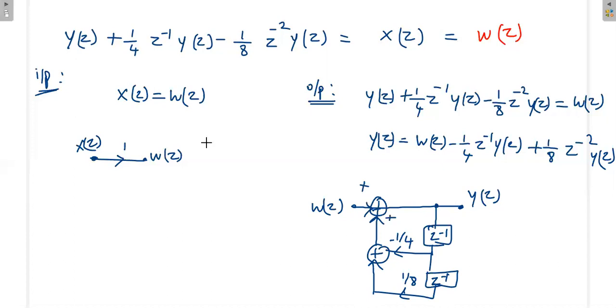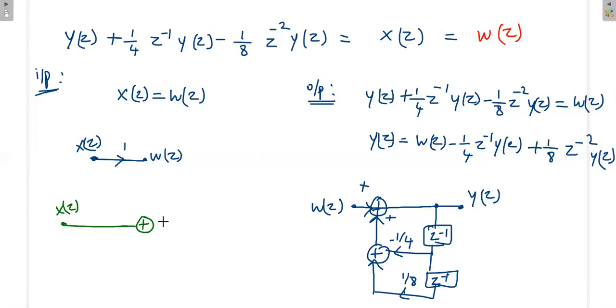So now we have to combine the input side diagram and the output side diagram. So finally we'll be getting like this: X of z. Again, if you observe here, W of z is a temporary variable that we have used for the realization of direct form 1 structure.